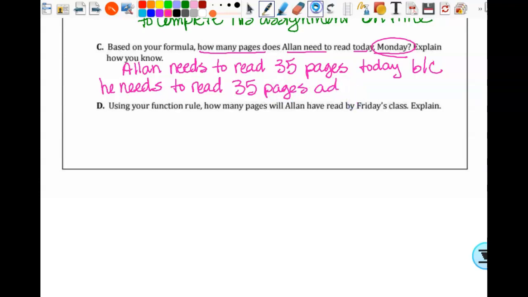Which seems like a silly explanation, but it's really to make sure that you understand it doesn't matter what day it is, that's what he has to read. Okay? All right, we all good?